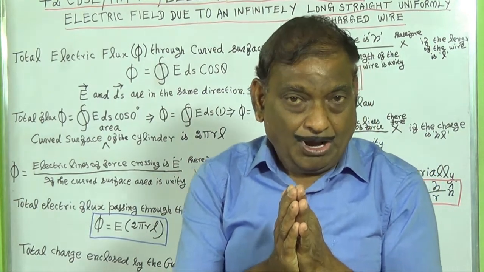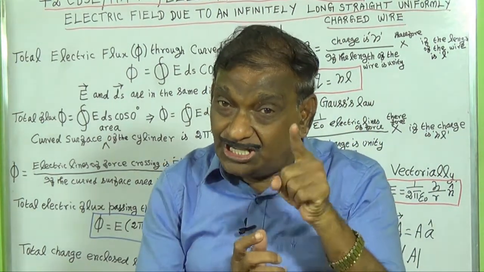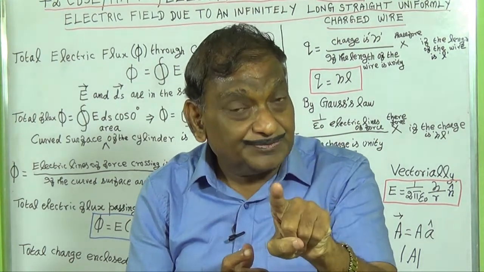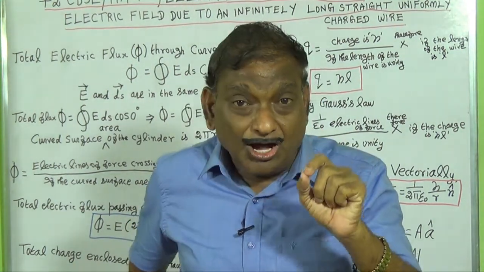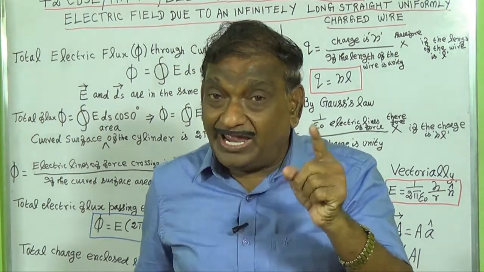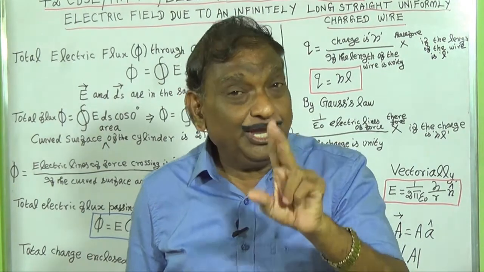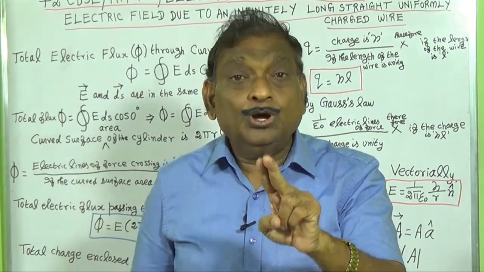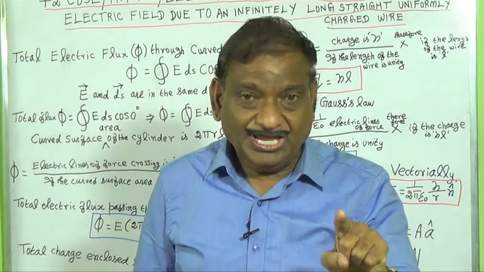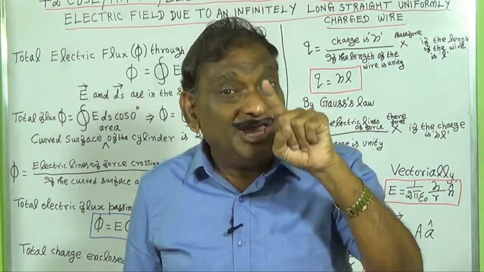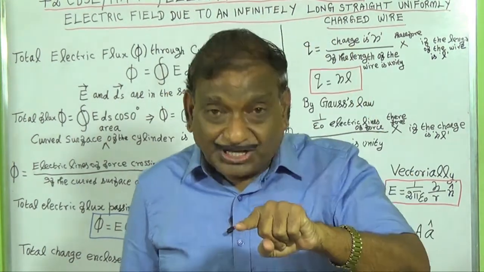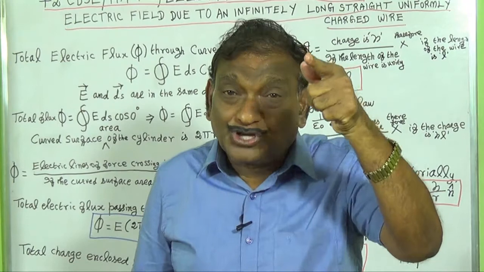On analyzing this Gauss law, we understand that we have to find the electric flux in 2 ways. One is we have to find the electric flux in terms of area, and the other is in terms of charge.